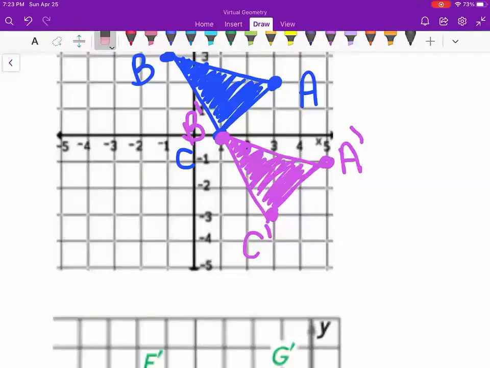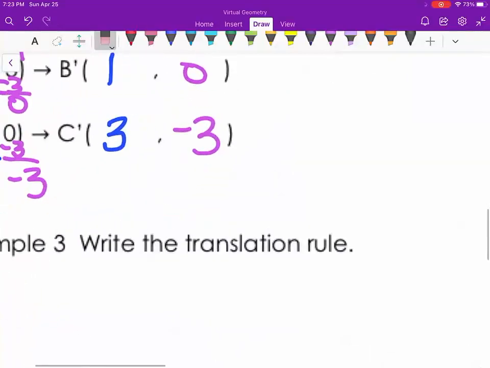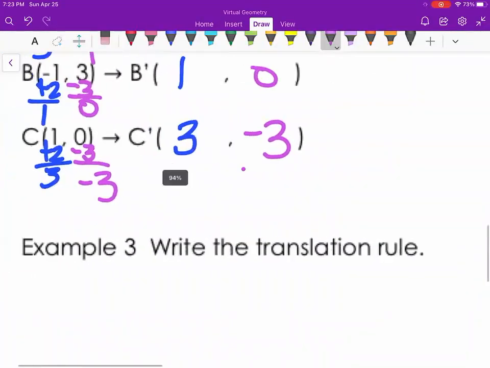All right, let's look at our last example. Up until this point, you've been given the coordinates of the original and the rule to follow. You had to get your new coordinates in the new shape. This time, you're going to get your two shapes, and we're going to figure out the translation rule that's happened. Oh, but sorry, before we do that, let's get your vector up here.